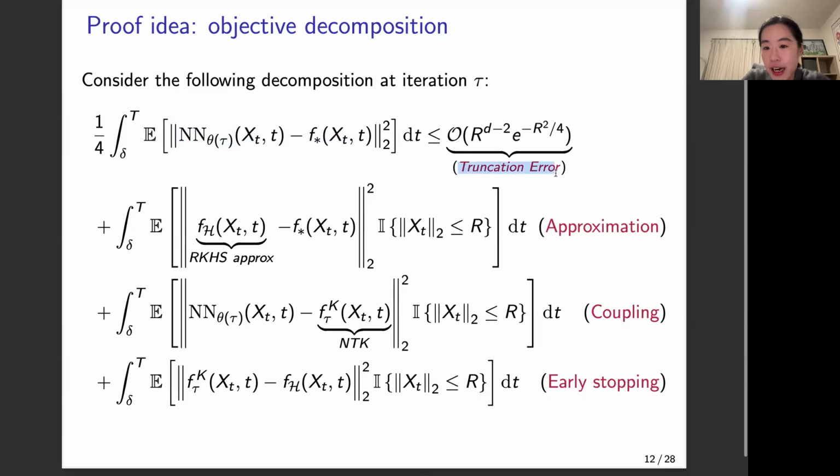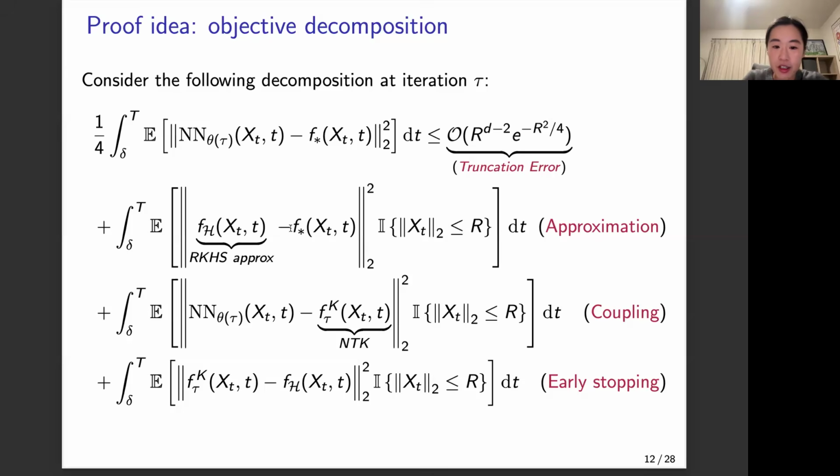So we use a truncation error here with a sufficiently large radius, and then we work with an RKHS functional class, which is nice enough, smooth, and with very good control on the approximation power. And this approximation gap would be between the best function in the RKHS we specify and the target function. So this error is controlled by the richness of the functional class we specify.